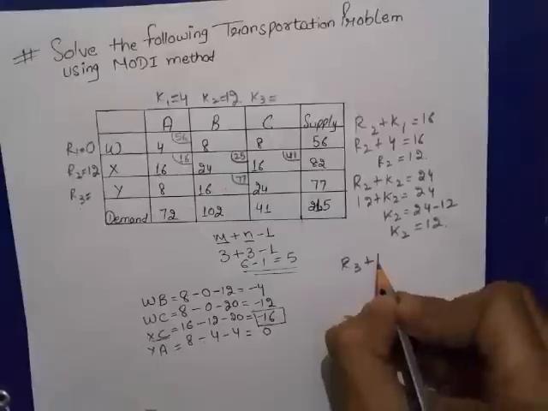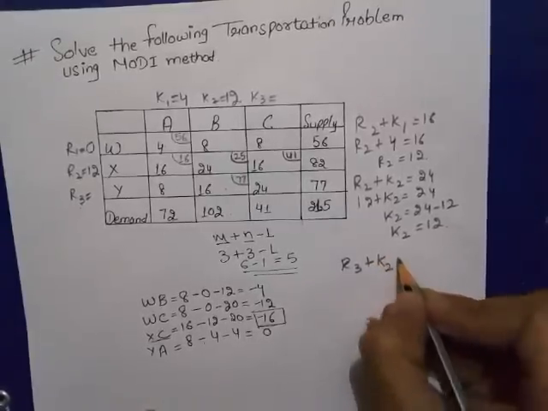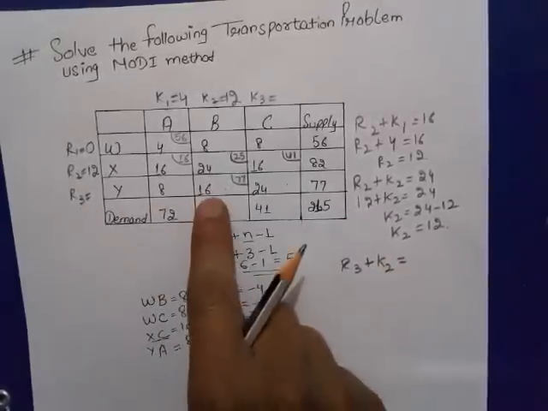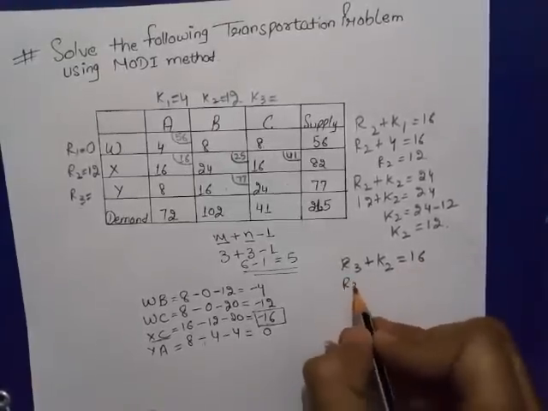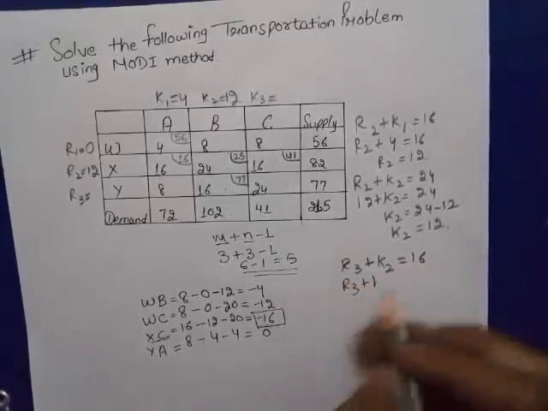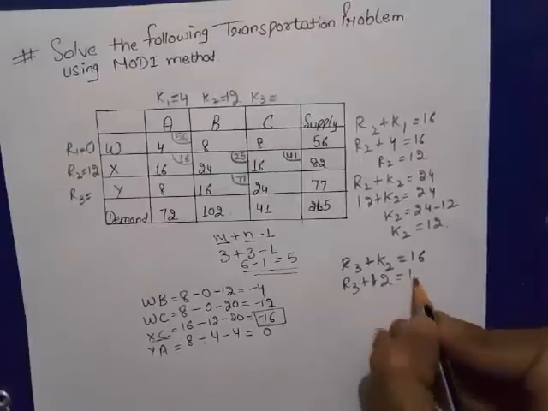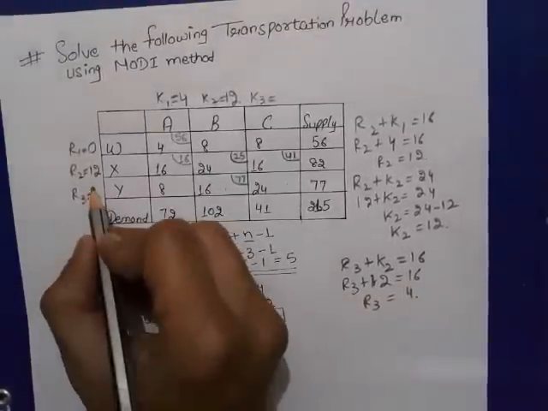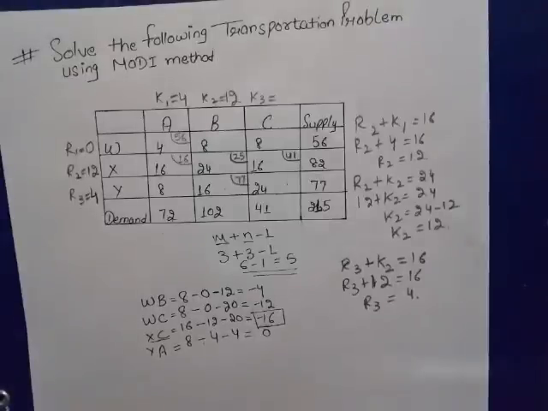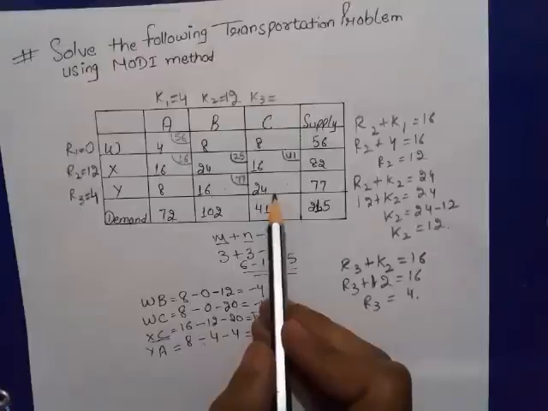R3 plus K2 is equal to 16. The value of K2 is 12, so R3 is equal to 4. Now here this is a change.